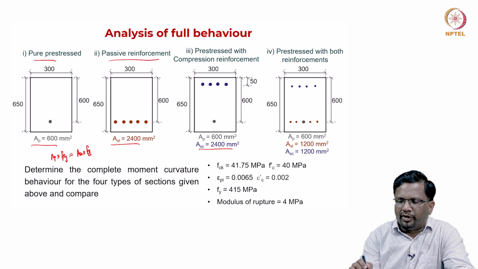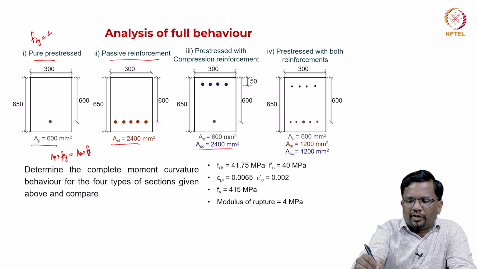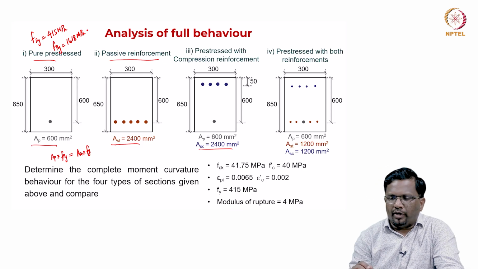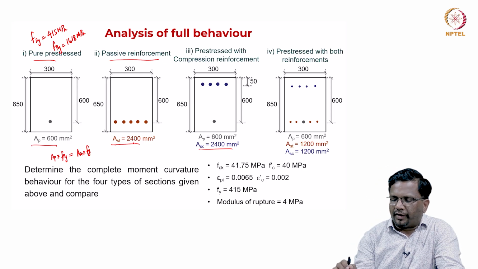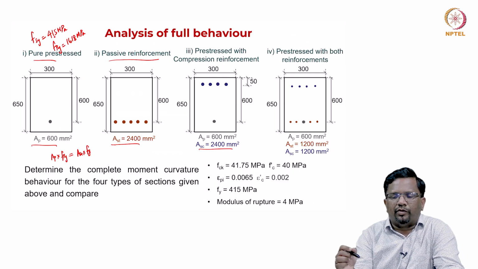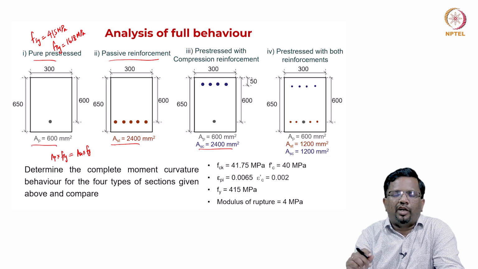So, now how do we do that? We have seen that FSY, the yield stress for passive reinforcement, is 415 megapascal, and FPY for pre-stressing steel is 1618 megapascal, right. You can see that if I multiply 4 times FSY, it is roughly FPY.